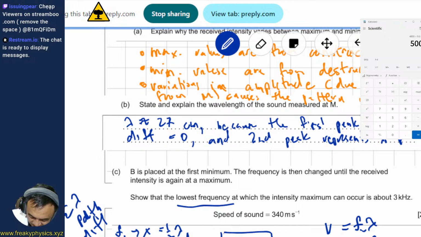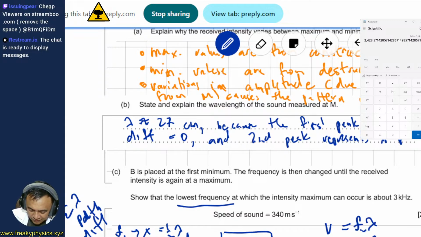So our frequency here, f2, will be 340 divided by 0.14. So let's put that in. 340 by 0.14, 2400 hertz, which is close enough to 3000 hertz, right?